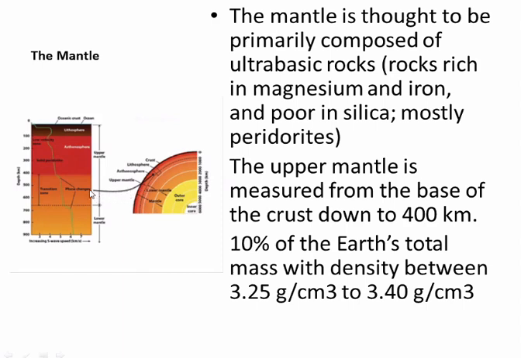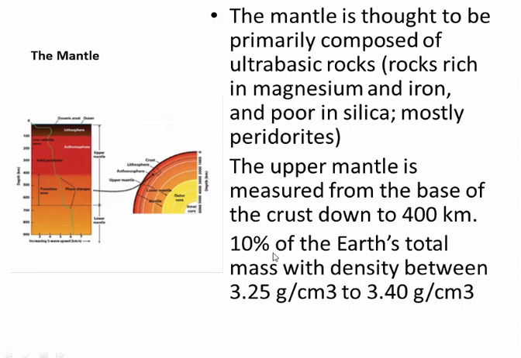The projection of this radial structure of the Earth in 2 dimensions gives a projection of the upper mantle as well as the lower mantle. So when we talk about the upper mantle, we are looking at the distance from the base of the crust down to about 400 kilometers.